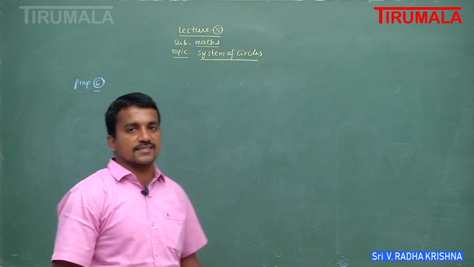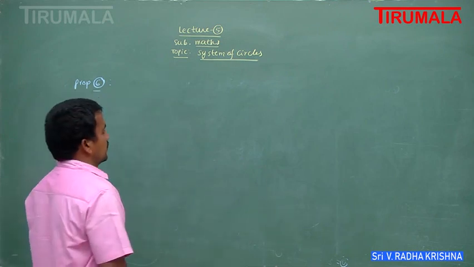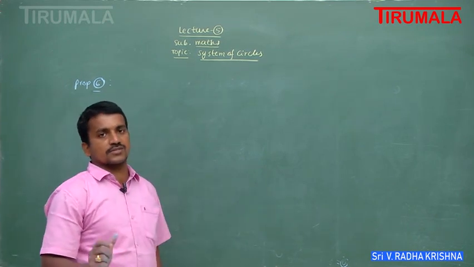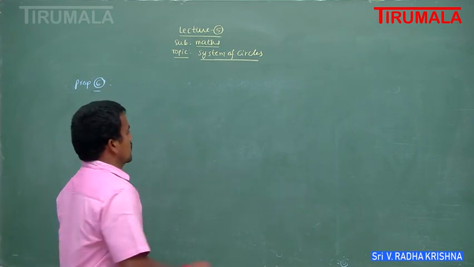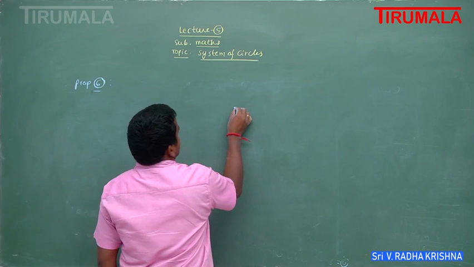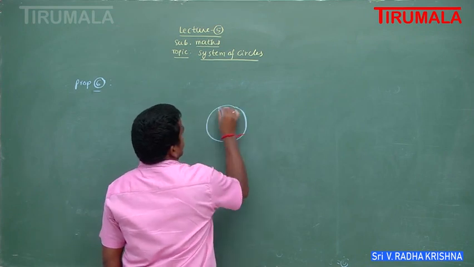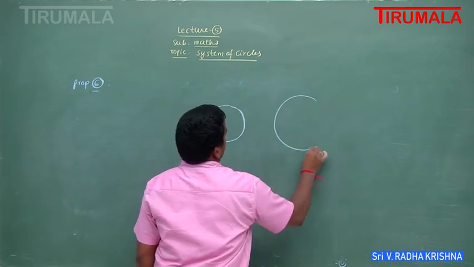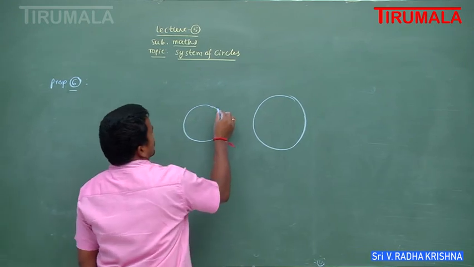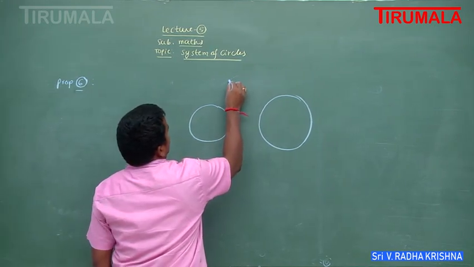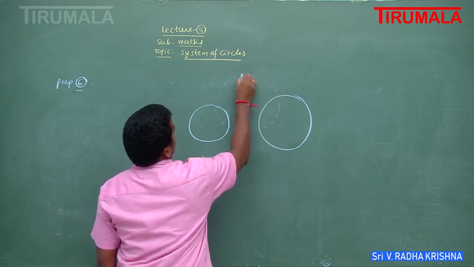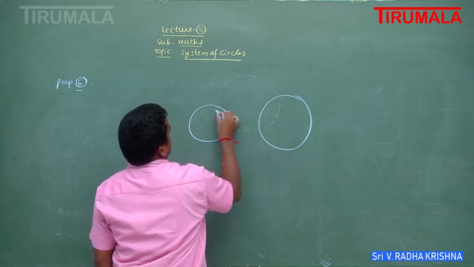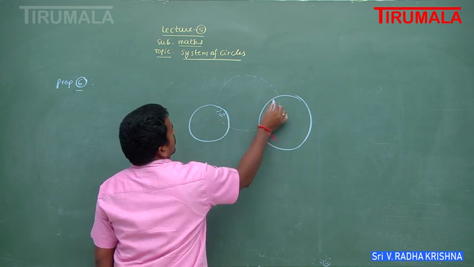If 2 circles cut the third circle orthogonally, then the radical axis of the 2 circles passes through the center of the third circle. Suppose 2 circles like this, the objective model is very important. 2 circles cut the third circle orthogonally like this. So this third circle cuts orthogonally.